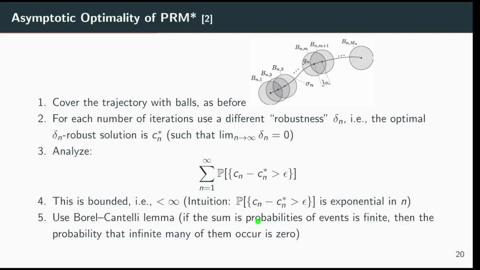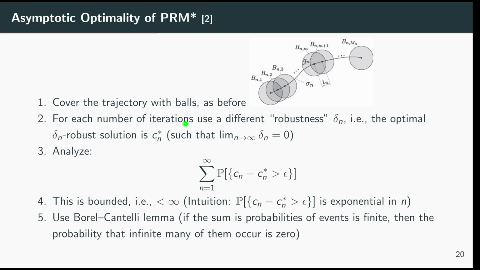In the context of PRM star, that's maybe the easiest. The way the proof goes here is that we still use these series of balls arguments, but at the same time, when we look at iterations, we look at how many samples we use for our probabilistic roadmap.